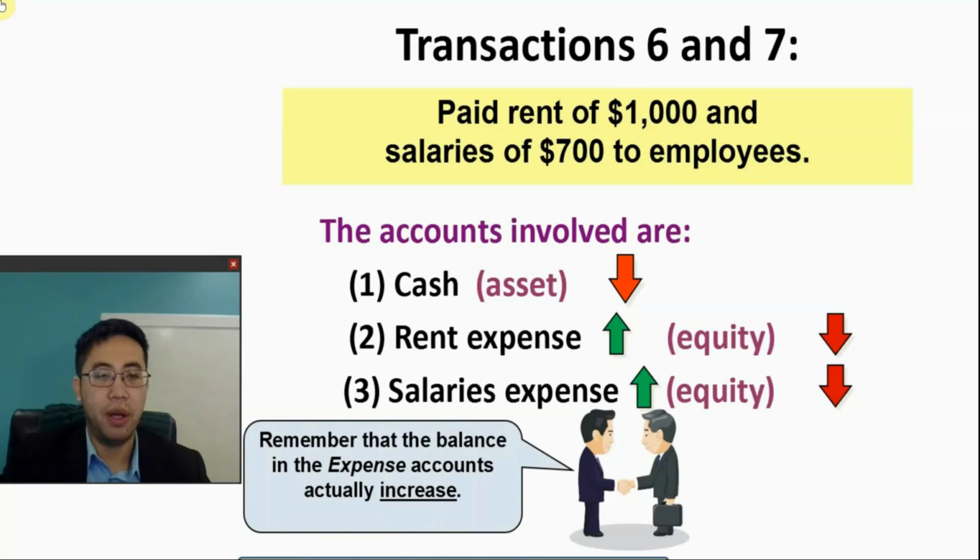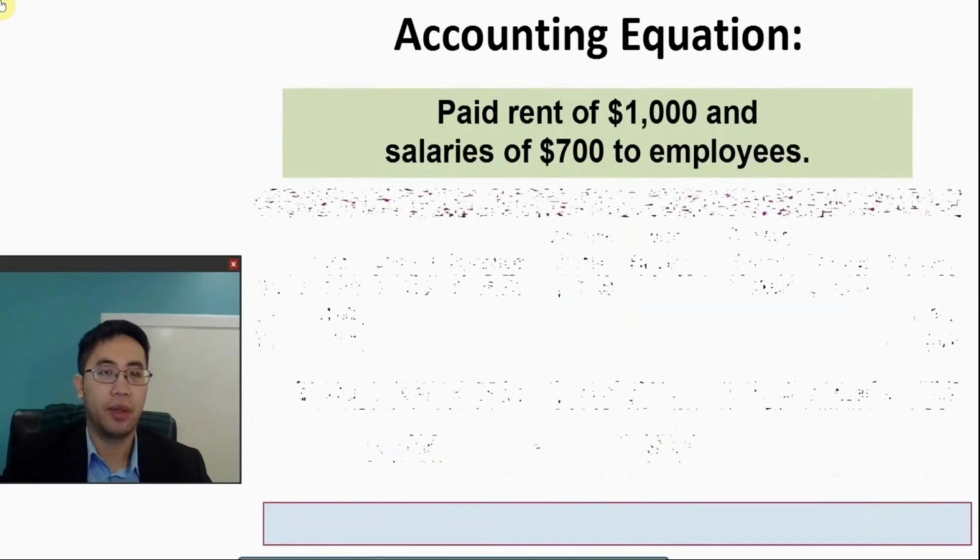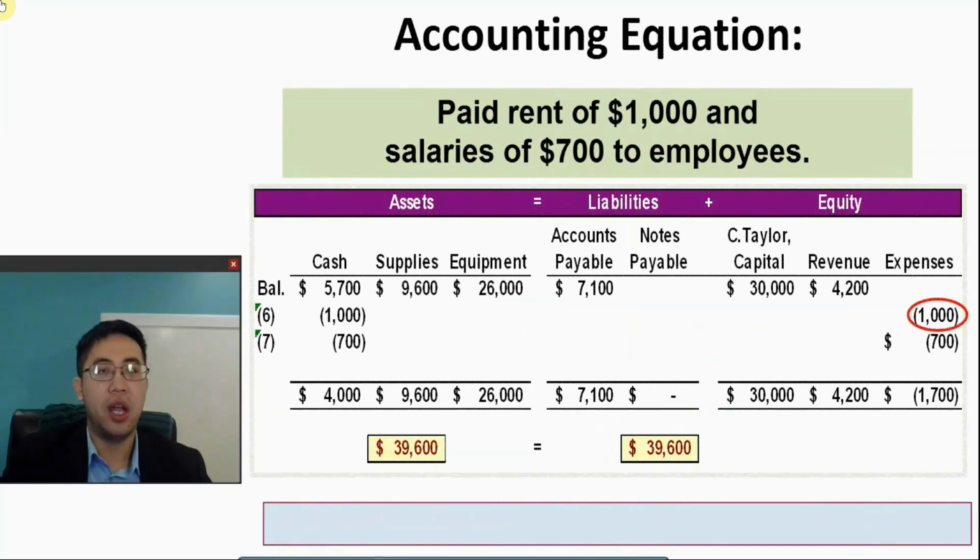Remember, the balance in the expense accounts actually increases, but the total equity decreases because expenses reduce equity, or you can say that expenses are negative equity. What you see on this balance sheet is that the salary expense is 700, and the rent expense is 1,000.